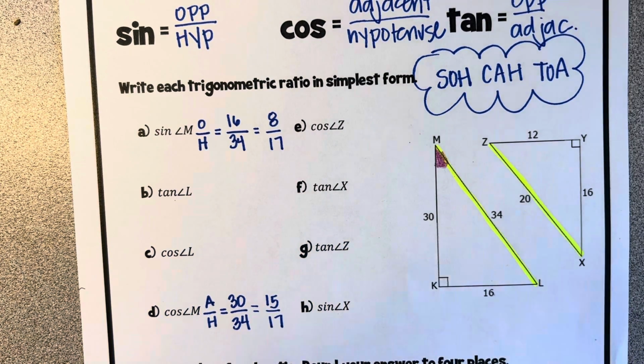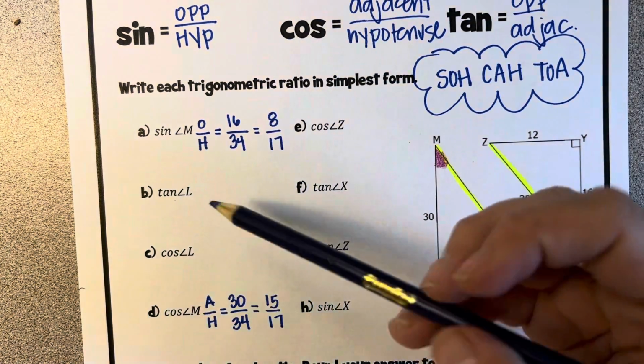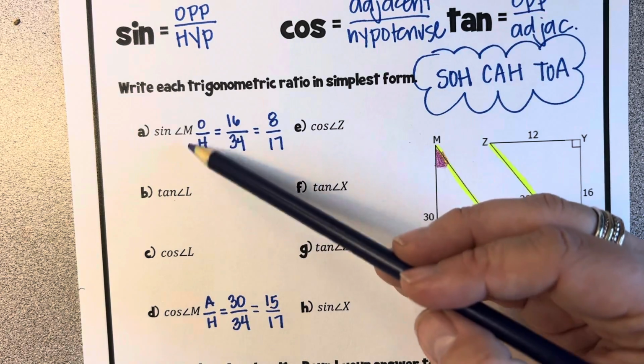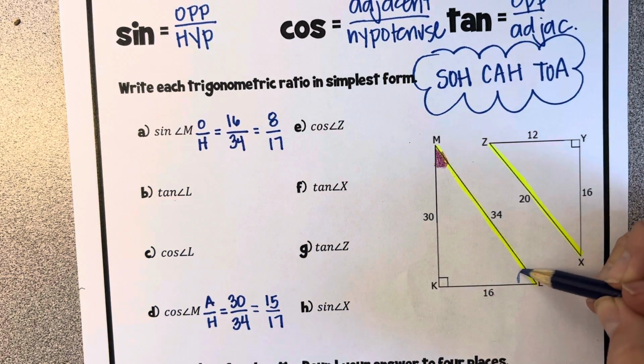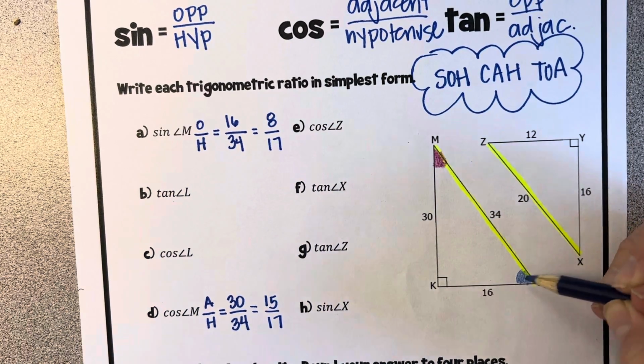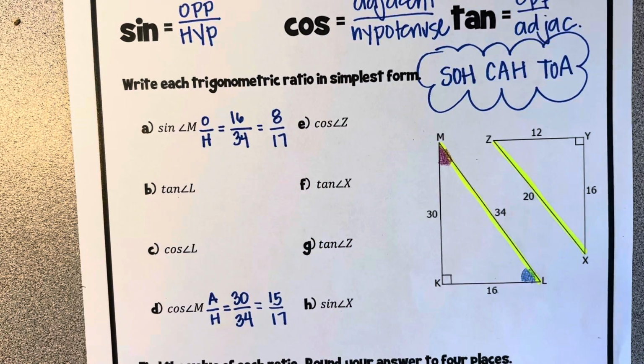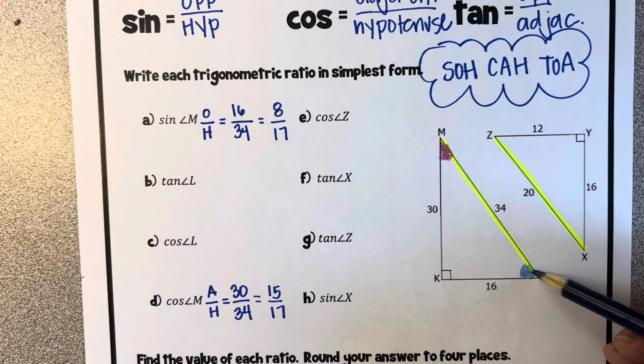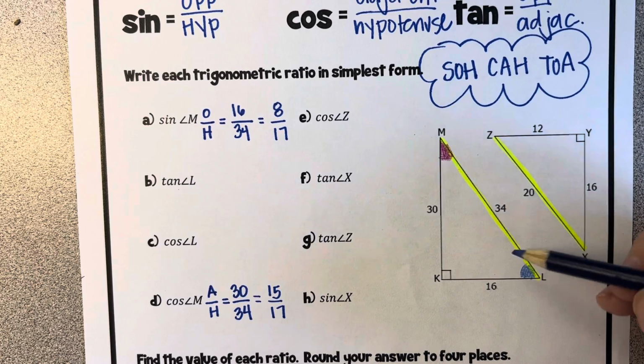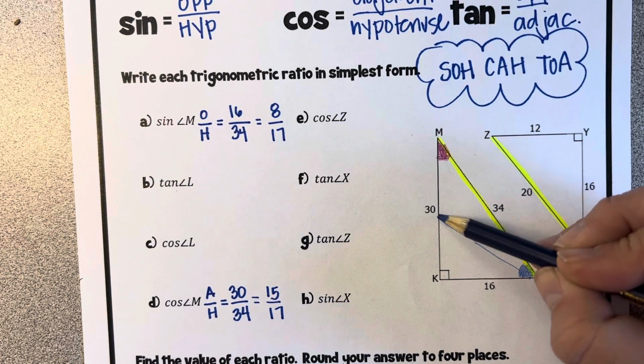Okay, then the next couple of questions ask us to write ratios, but it doesn't have angle M, it has angle L, so that's this one right down here. So when it asks you to write it in reference to angle L, we're going to do the side opposite of L, right?